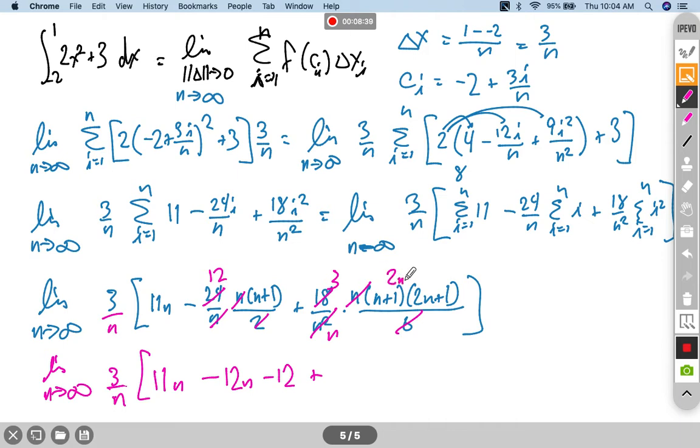This is 2n squared plus 3n plus 1. We've done this plenty enough times. So we take this as 3 times 2n squared is 6n squared over n. Take 3 times 3n is going to be 9n over n. And 3 times 1 is going to be 3 over n.